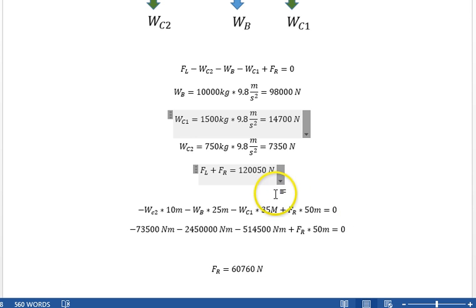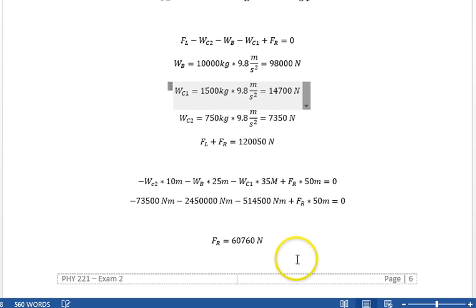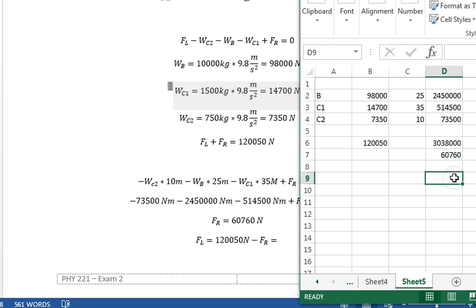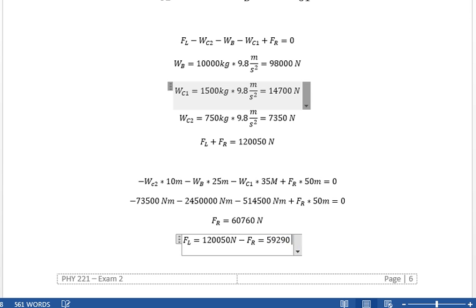Now we've got FL plus FR, so FL equals 120,050 newtons minus FR, which is 120,050 minus 60,760, which is 59,290 newtons.